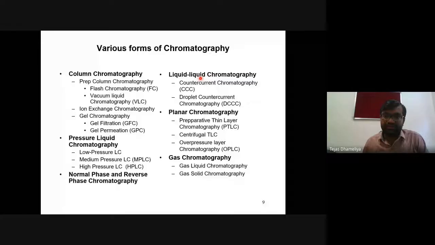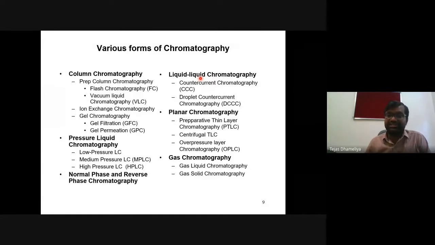Another kind of technique is called liquid-liquid chromatography, counter current, ion-anion chromatography. Planar chromatography, where generally we are doing thin layer chromatography or preparative high performance thin layer chromatography. Thin layer chromatography, which especially you people have done after synthesis of your compounds in organic chemistry labs.